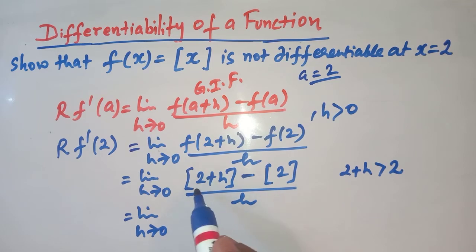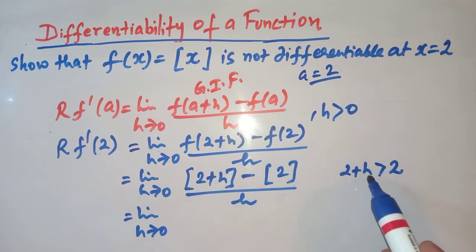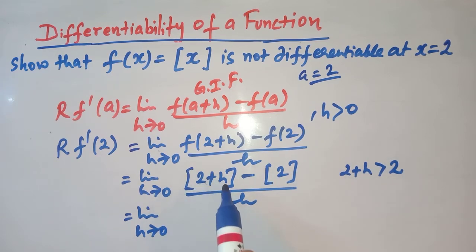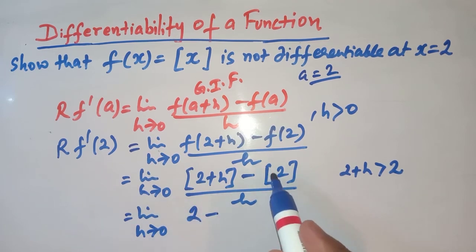By the definition of the greatest integer function, it is the greatest integer less than or equal to x. So suppose 2 plus h is say 2.00001. The value of the greatest integer of 2.00001 is 2.